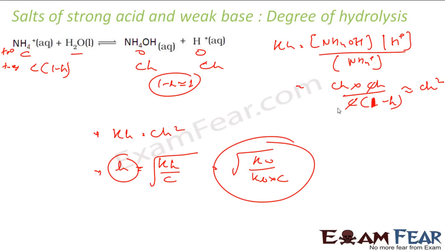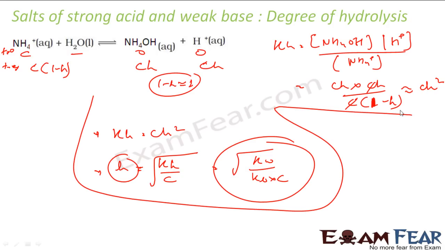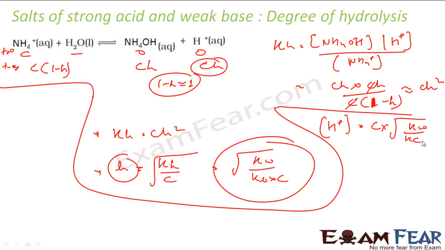Now let's try to find the pH of the solution. I'll make some space here. So pH is nothing but, I have to find the hydrogen ion concentration. Finding the hydrogen ion concentration is very simple here because this is Ch, right? That is nothing but C into h, that is this guy, root of Kw by Kb into C. This is nothing but root of Kw into C by Kb.